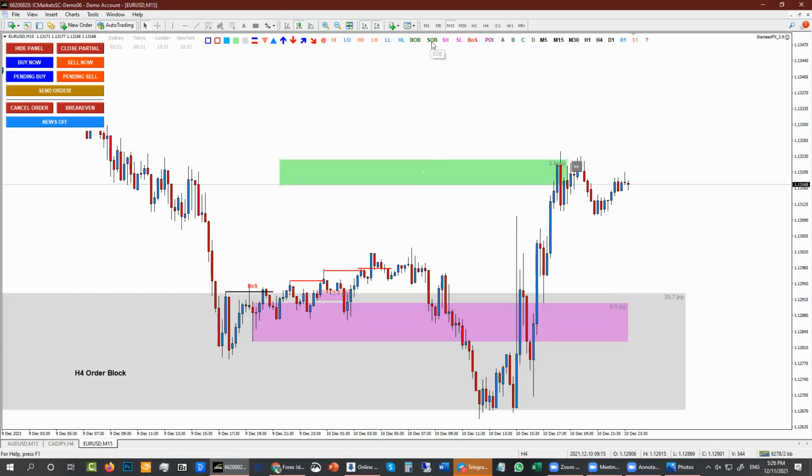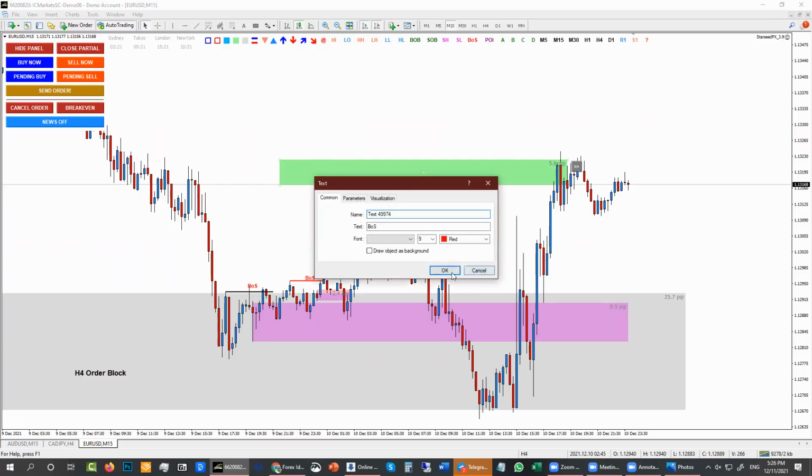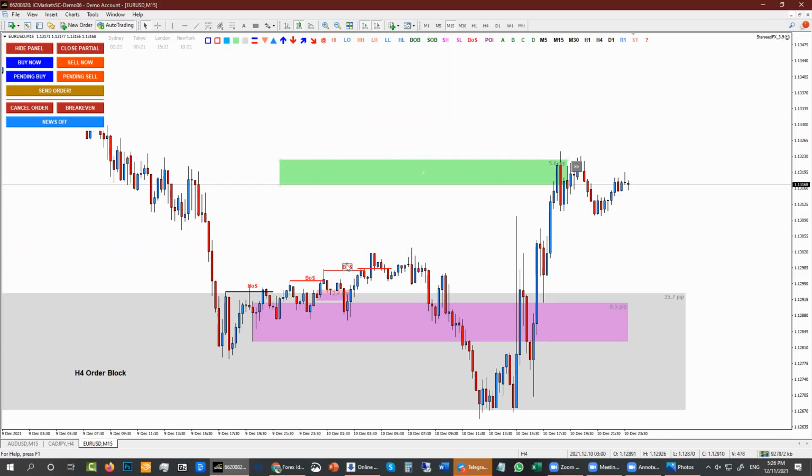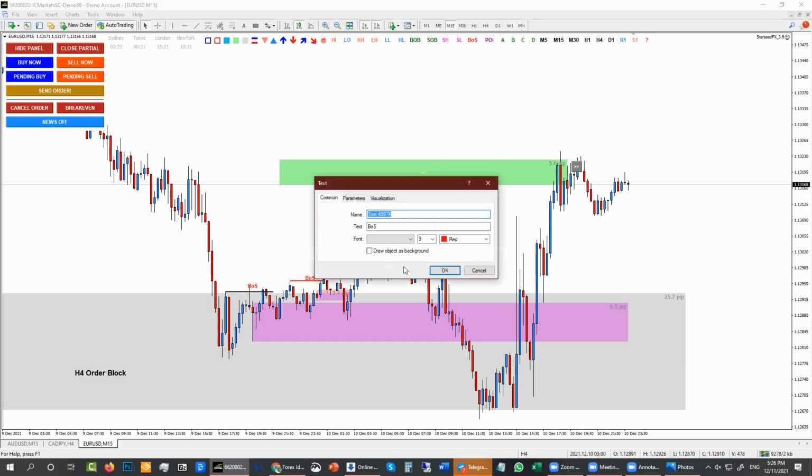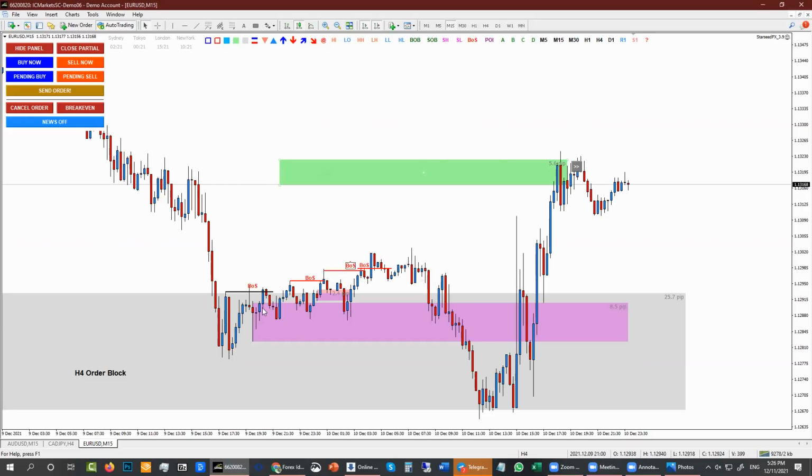This is how I would manage my trade, okay? I'm going to show it to you. Okay, so here I take this, and then this one becomes break even. So let's just consider there is no trade because it's break even, okay?